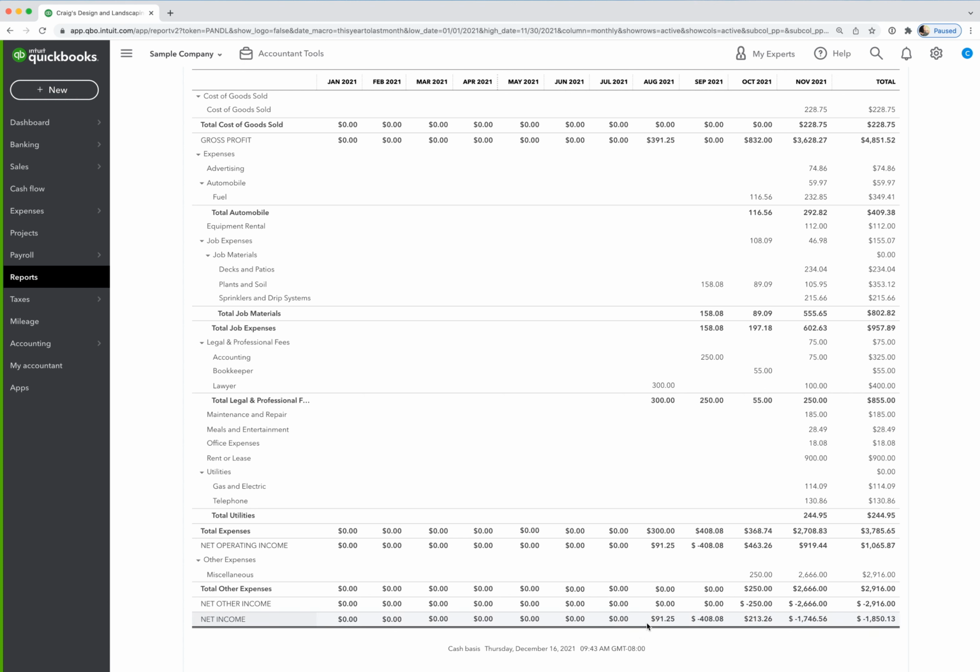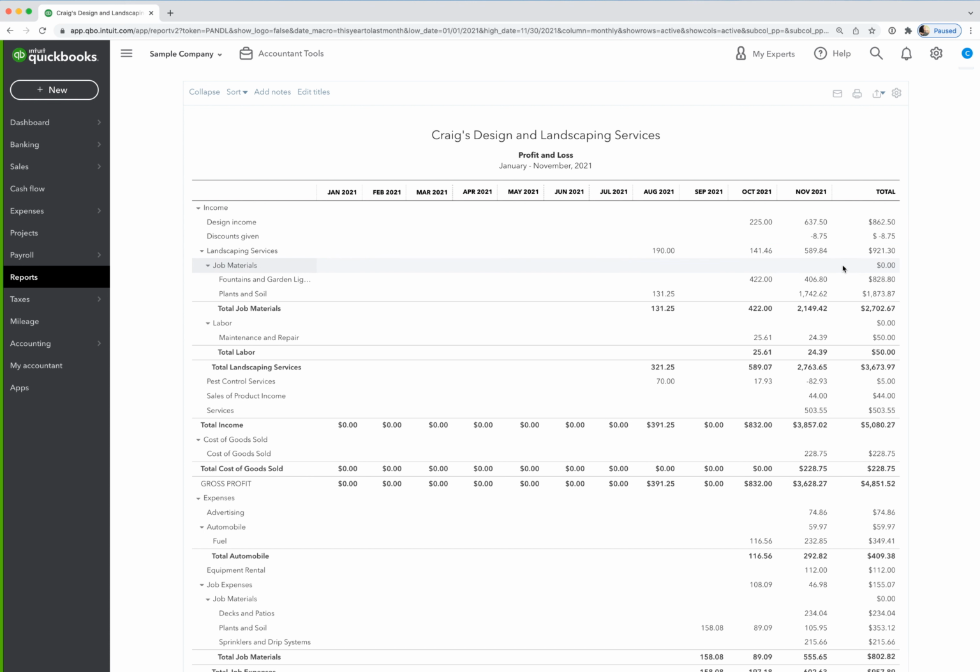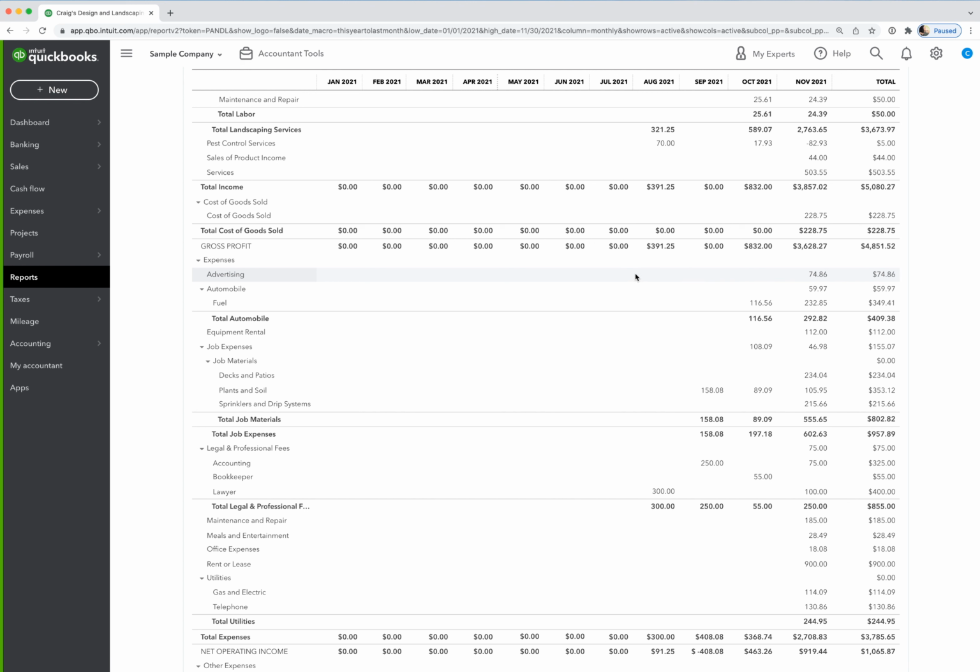The last thing I like to look at as I'm reviewing the profit and loss is I like to look across the months and look for anything unusual. You can compare each line item across the months and see, is there some unusual trend? So let's say down here in advertising expenses, everything's trucking along around the $500 range, and then all of a sudden you have a $2,000 month for advertising.